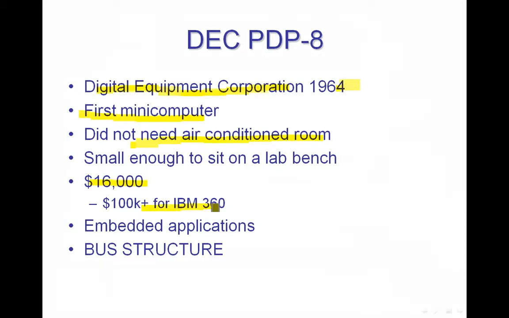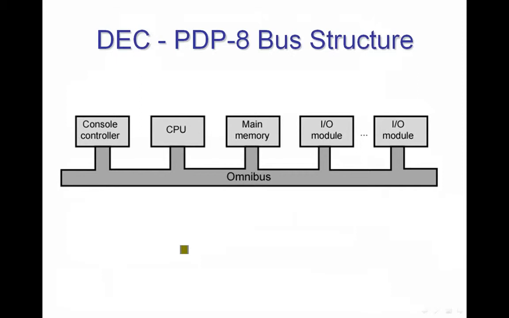It has embedded applications with a bus structure. This is the bus structure of it. It was called an omnibus, connecting all the different I/O modules and the main memory with the CPU and with a console controller.